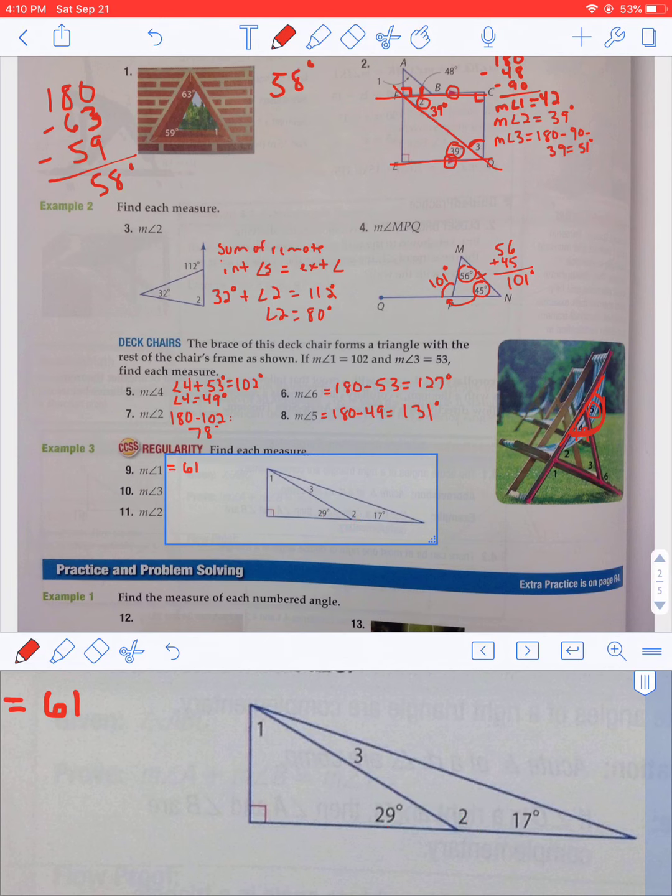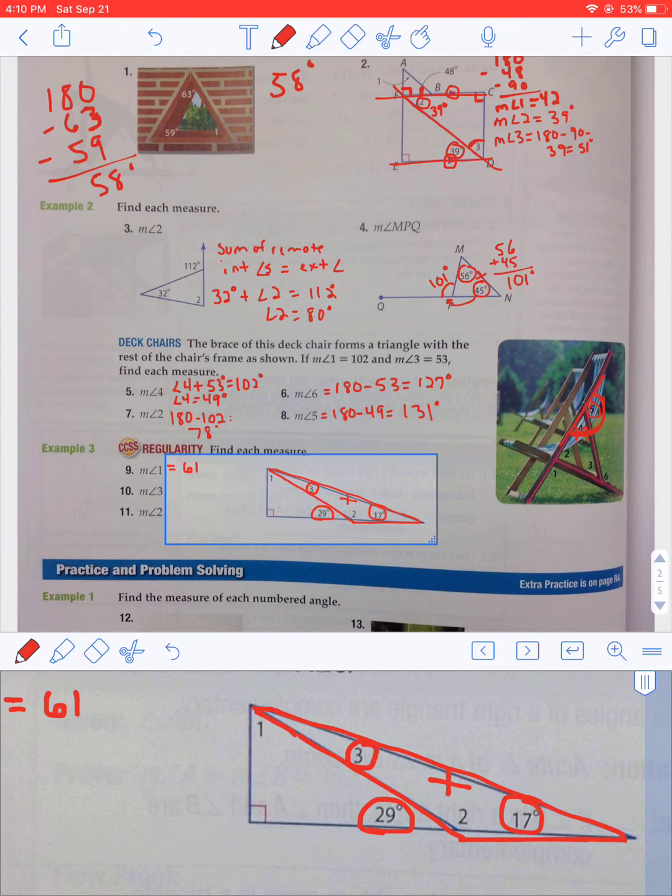Let's focus on 3. So if we have 3 is what we're trying to find on number 10, and you'll notice angle 3 is part of this triangle right here. And we learned a theorem today that the sum of the remote interior angles, which would be angle 3 right here and 17, added together equal this exterior angle.